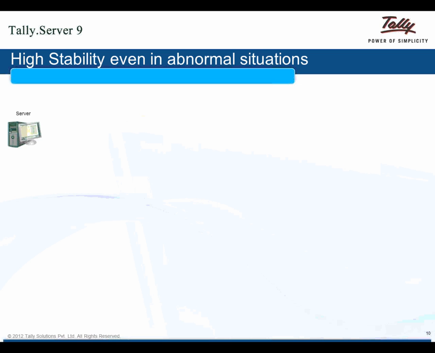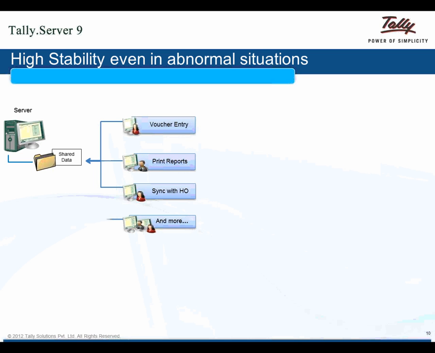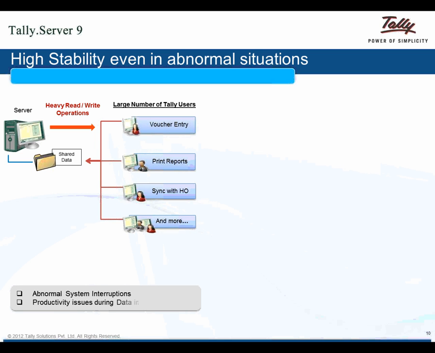The next example is high stability even in abnormal situations. How? If you install Tally.ERP9 with shared data, if anybody is punching the entry, report and sync and many more activities, if you have huge data, immediately it says not responding, or it asks for reload or rewait, and the application may get terminated.